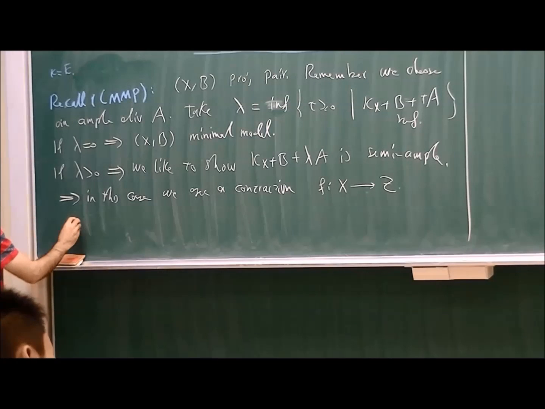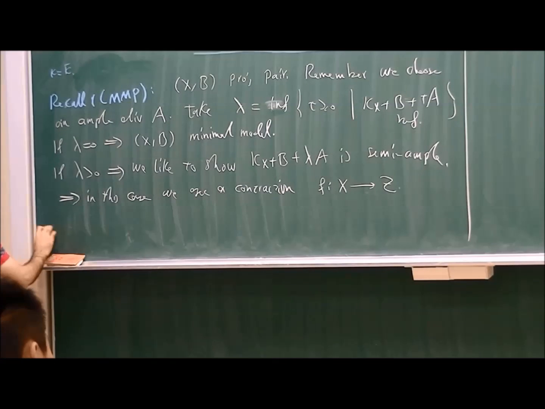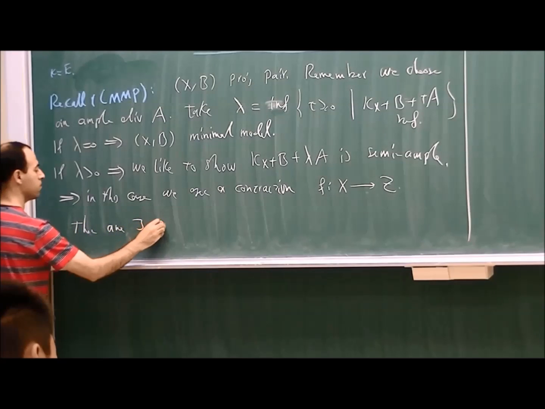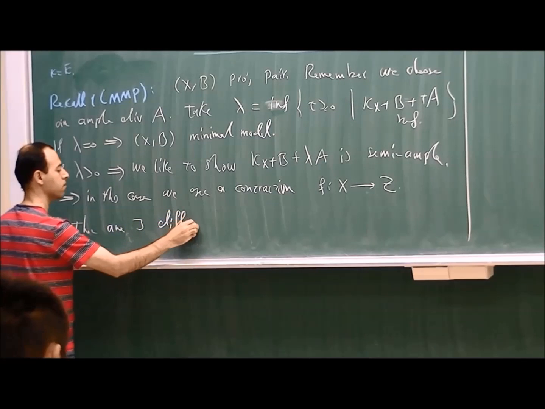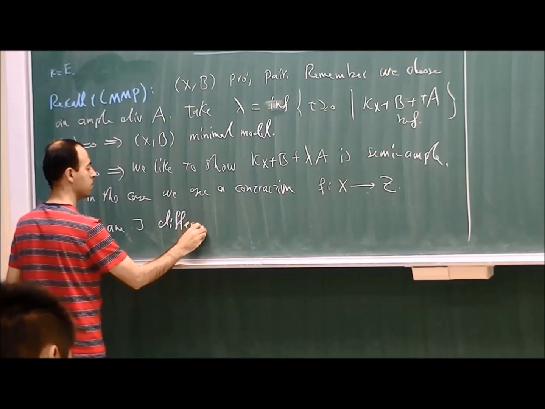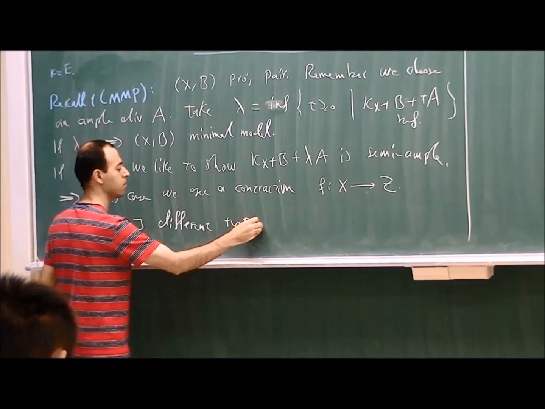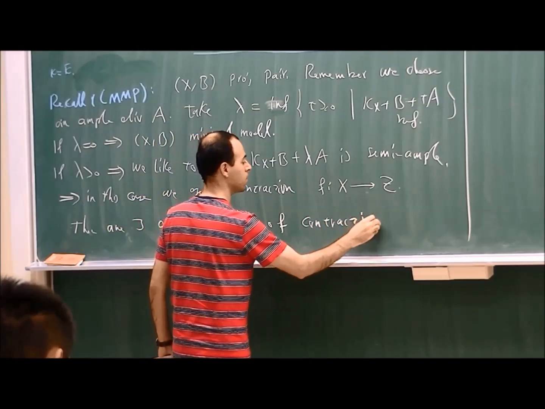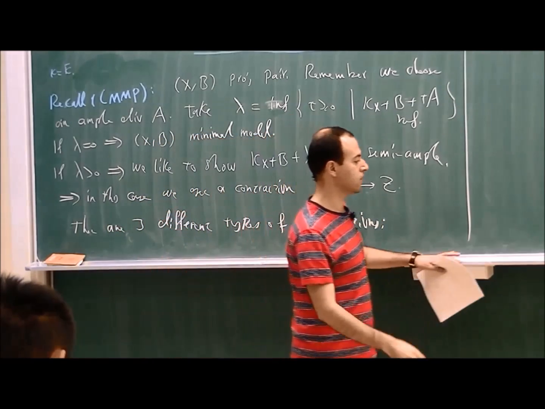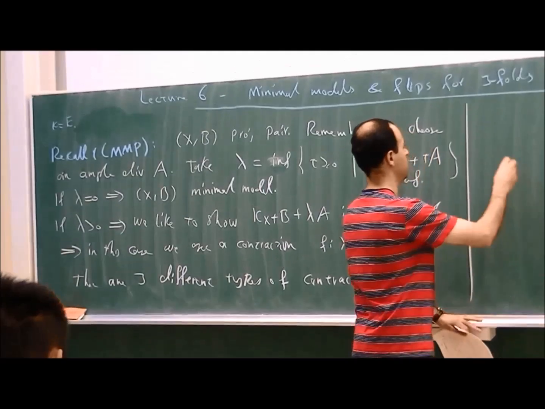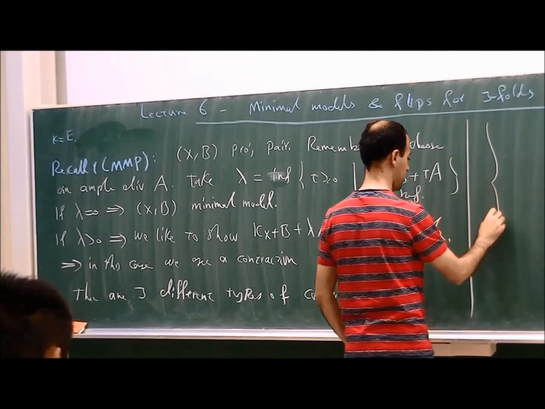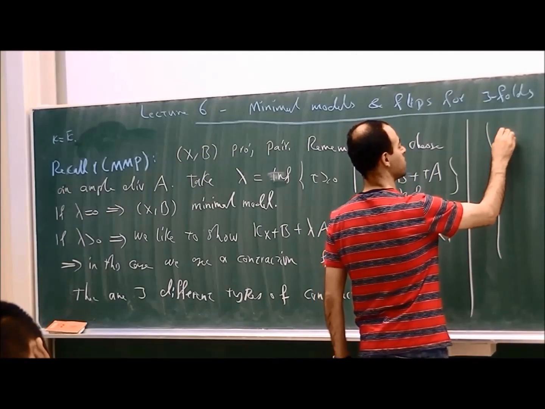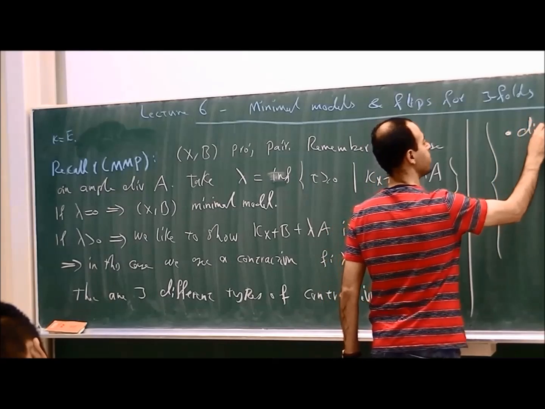Now, there are essentially three very different kinds of contractions, and this is where I never really explicitly mentioned. One is called divisorial.